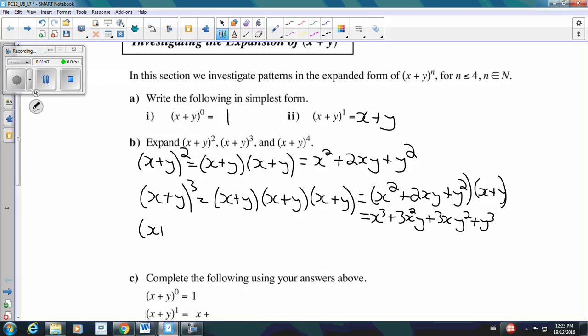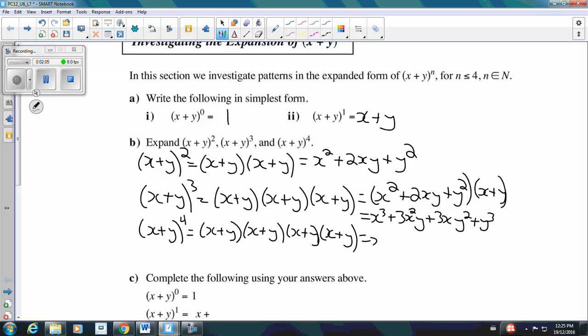And lastly, if we have x plus y to the 4, this is x plus y multiplied by itself 4 times. And again, you could then take this previous polynomial and multiply it by x plus y.